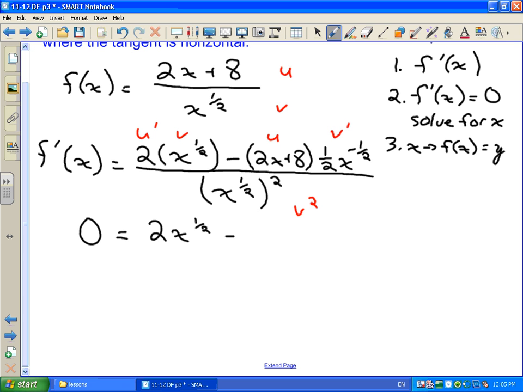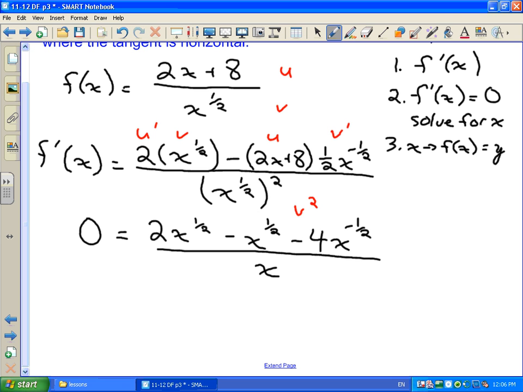Then x times x to the negative 1/2 is going to give us x to the 1/2. And then we're going to have the minus sign, and the 8 gives us minus 8 times 1/2 gives us 4 x to the negative 1/2. So there I've just expanded that, multiplied out all of my brackets. And of course at the bottom here, I've got x.